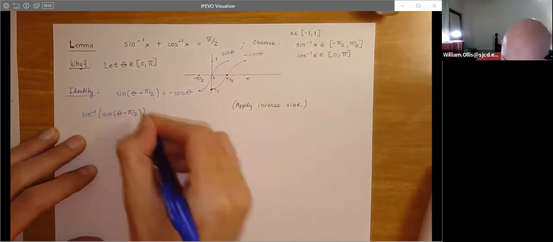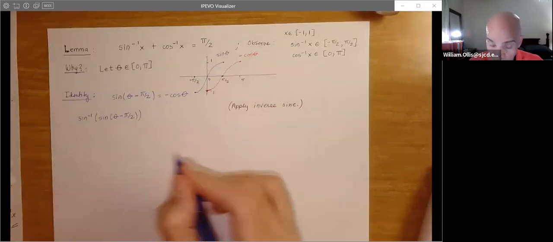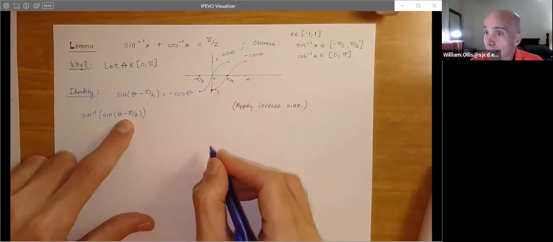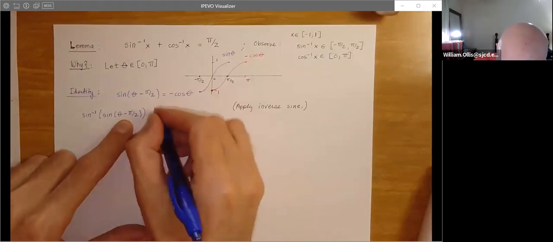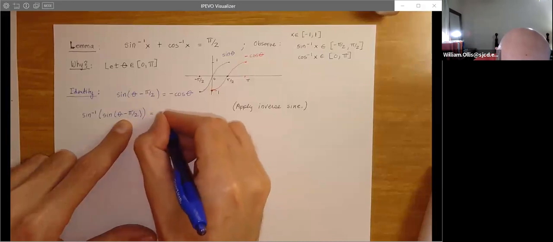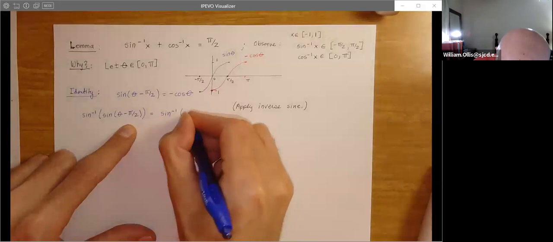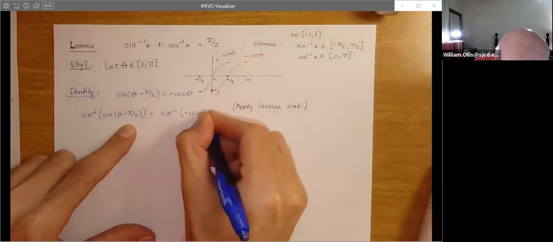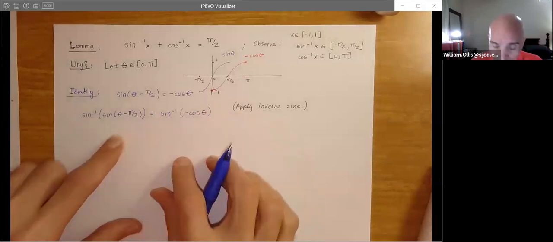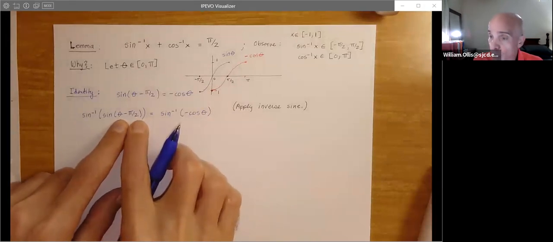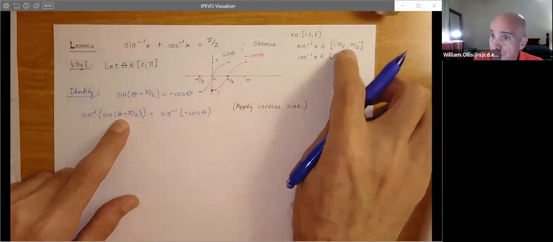Remember, last time we just used an x, and so it was a whole lot less writing, but it's the same thing. This is taking the place of the x in our last lecture. And of course, now we have inverse sine of the negative of cosine theta. Now, like I said before, this is going to make sense because this argument, or x, lives here.